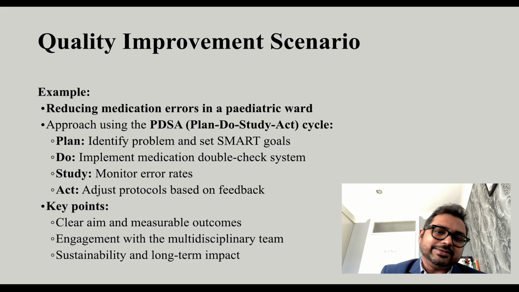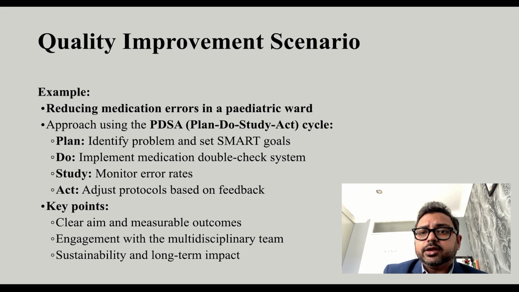You need to detect it, go to the patient party and apologise, in a very calm manner, and give the right information. But you can't reveal the name of the person associated with this error, because it's teamwork and a departmental responsibility. Give the correct information and do it empathetically. Then you need to follow the plan, do, study and act approach.